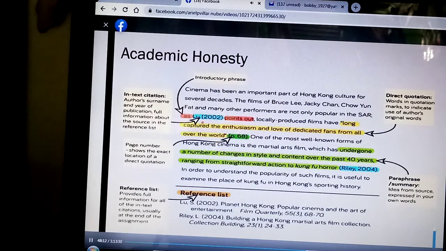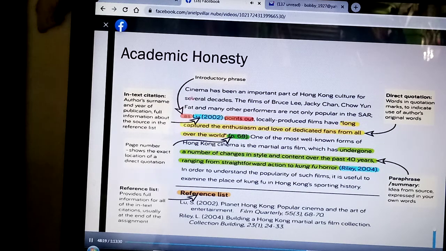Every time na naglalagay kayo ng author dyan, maglagay kayo dito kung saan ang galing. Yan. So, mahaba yung inyong sinusulat na review of related literature and studies, humahaba rin yung lista sa baba. In that way, when you're done with your review of related studies, pag natapos nyo to, naka 50 pages na kayo nito, ibig sabihin, nandito na lahat sa baba, yung lahat ng authors na binanggit nyo.